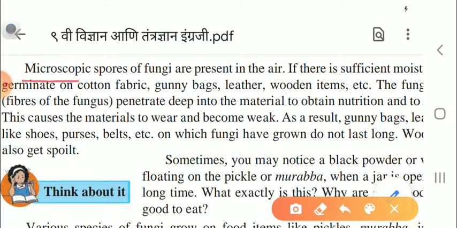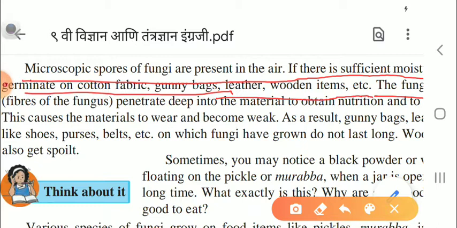Let us see now, microscopic spores of fungi are present in air. If there is sufficient moisture, they germinate on cotton fabric, gunny bag, leather, wooden items, etc. Now, the fibers of the fungus penetrate deep into the material. Why do they penetrate deep into the material? To get their nourishment as well as to reproduce.